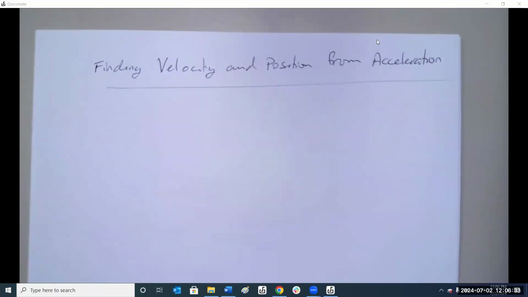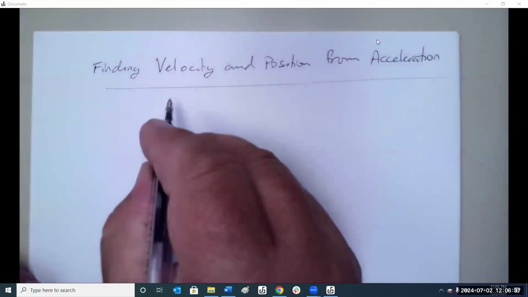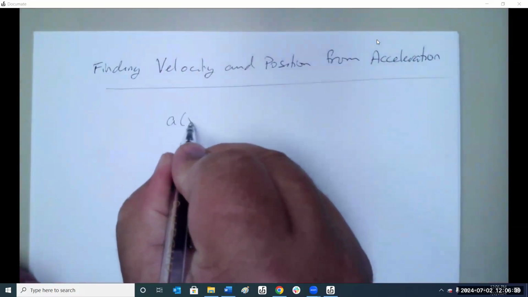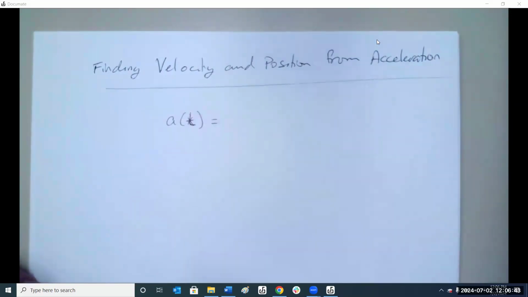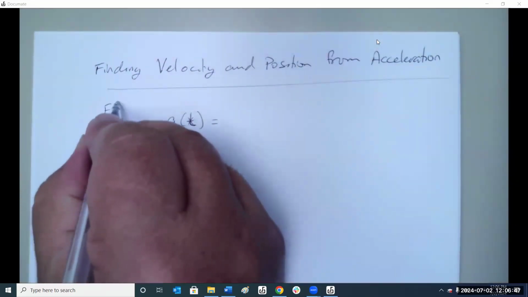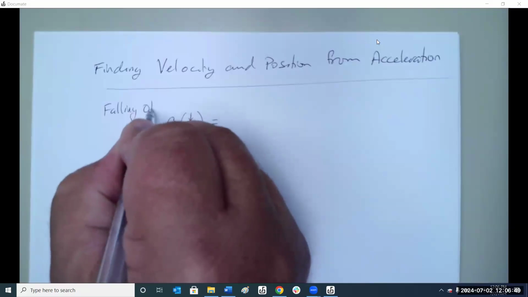So let's look at a falling object. The acceleration of a falling object with time, what is it? This is of a falling object.